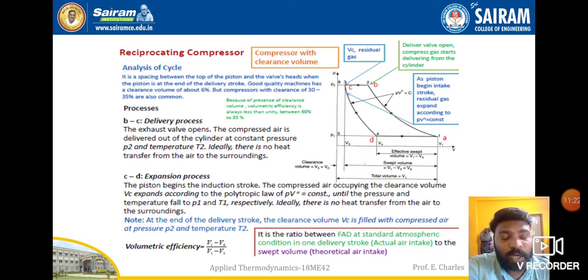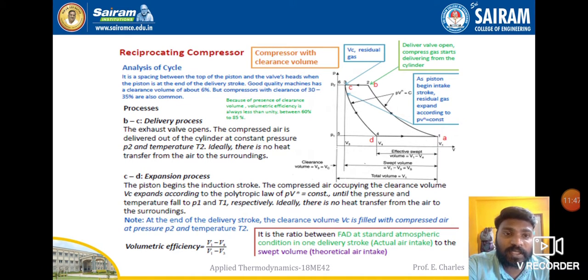Here I would like to go back to the internal combustion engine that I explained to you. Suppose you take the diesel engine: at the end of the compression stroke, air will be compressed and available in the clearance volume at that particular time. Then the injector will spray the diesel fuel, and immediately combustion starts.